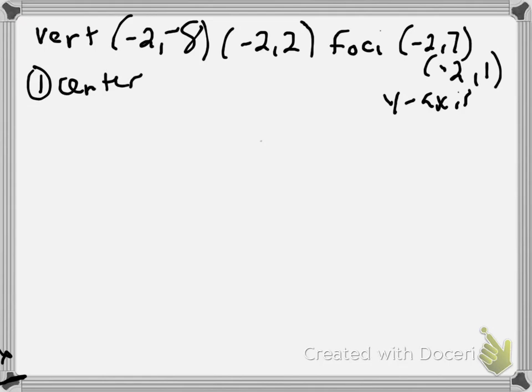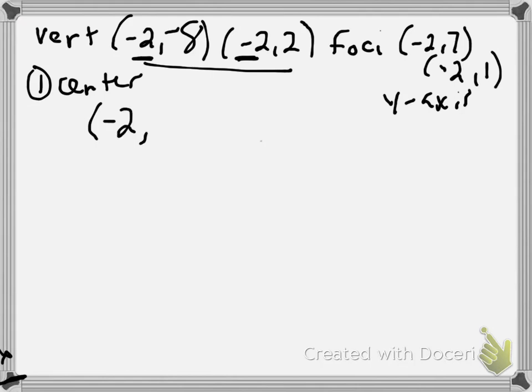Now, our center is going to be right smack dab in the middle of our vertices. So this is where you're going to go back to Math 1 and do midpoint. We had to find the exact middle of those 2 points. If I look at the x's, the exact middle between negative 2 and negative 2 is negative 2.